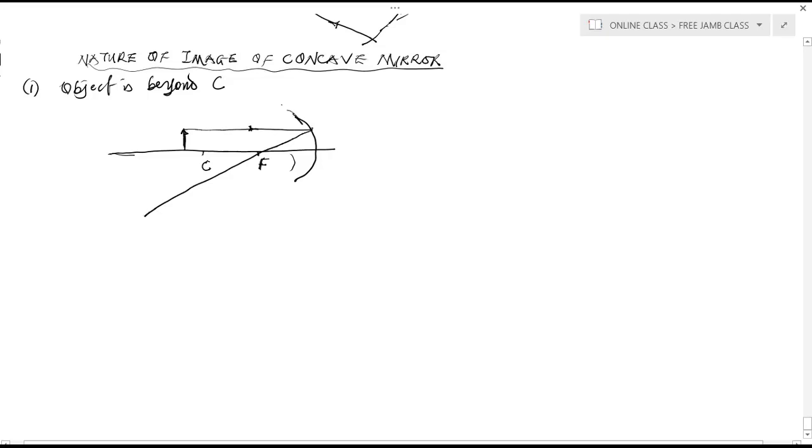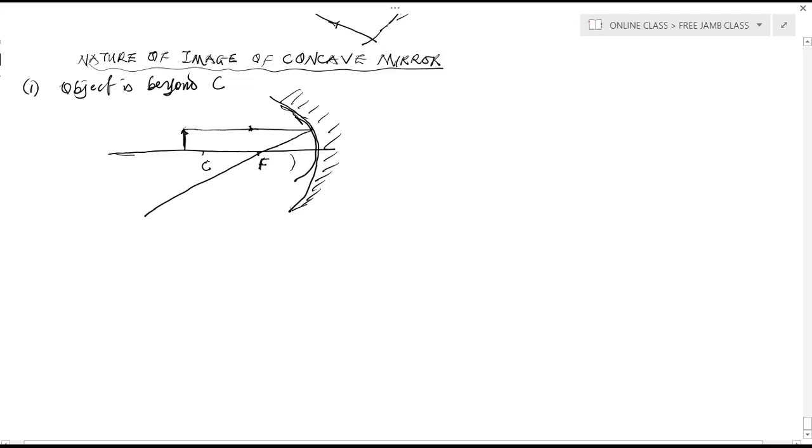Let me draw this thing bigger to see. You see that?